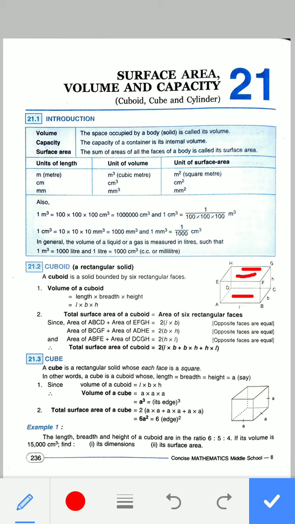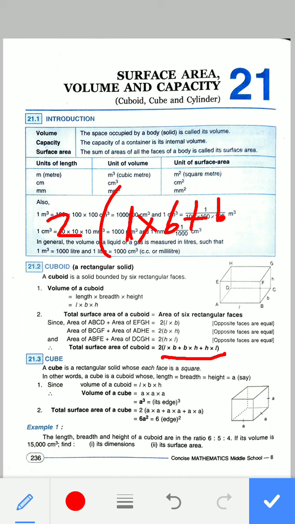So overall, what is the formula? 2 into L into B plus B into H plus H into L. That is, length into breadth, plus breadth into height, plus length into height. So this is the total surface area of a cuboid.